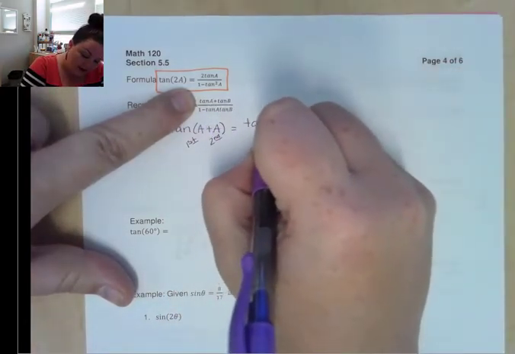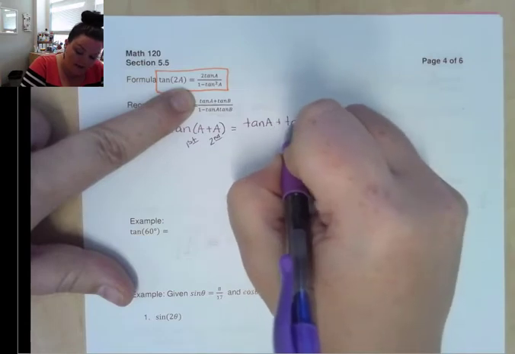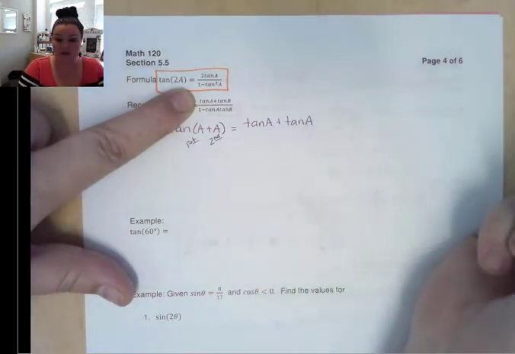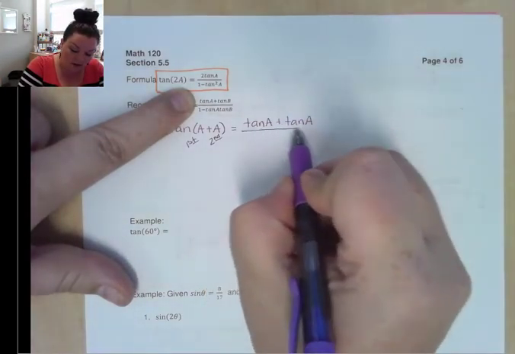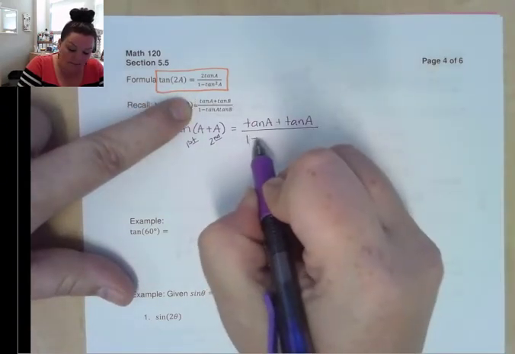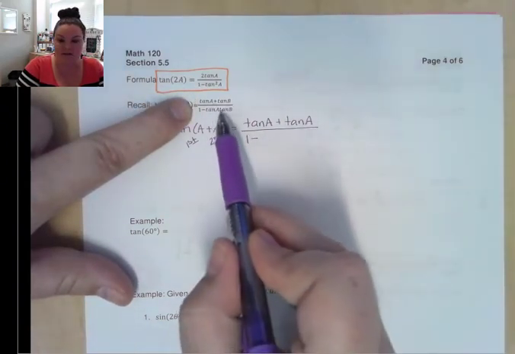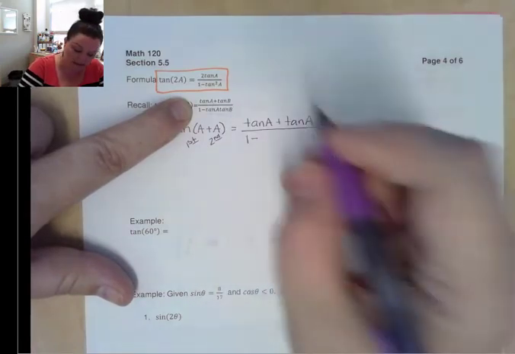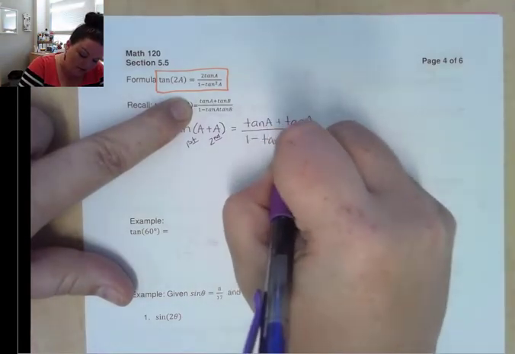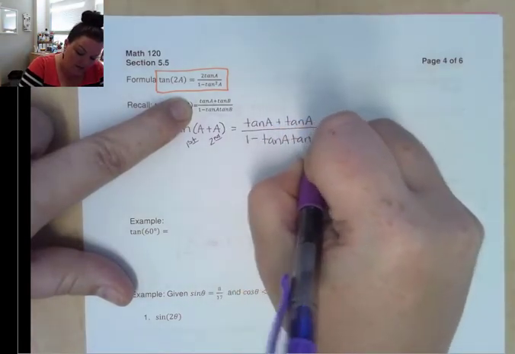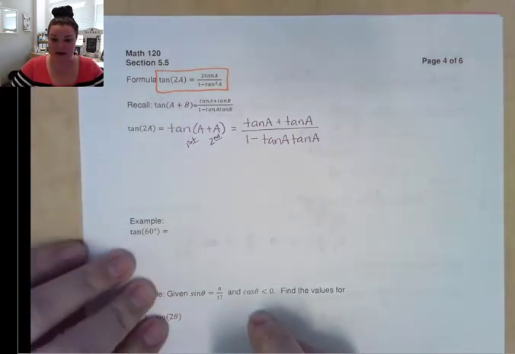So tangent of my first angle, A, plus tangent of my second angle, which is also A, all over 1 minus tangent of my first angle, A, times tangent of my second angle, which is also A.